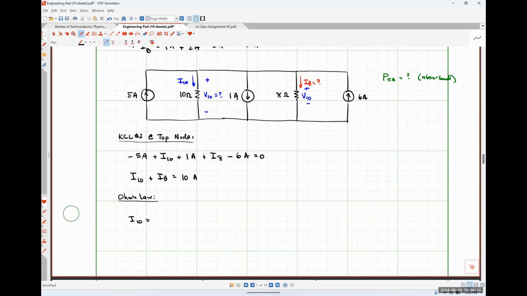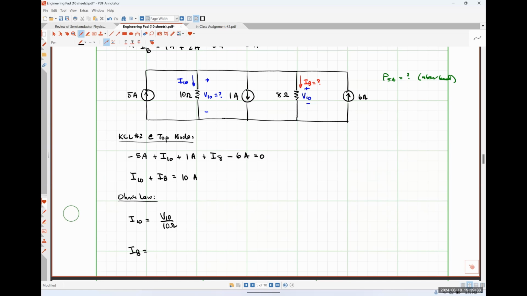V10 over 10 ohms. And should that get a positive sign or a negative sign? Positive. Positive, because the current's flowing into the positive polarity terminal. Absolutely correct. Now let's look at what's going on with that current I8.